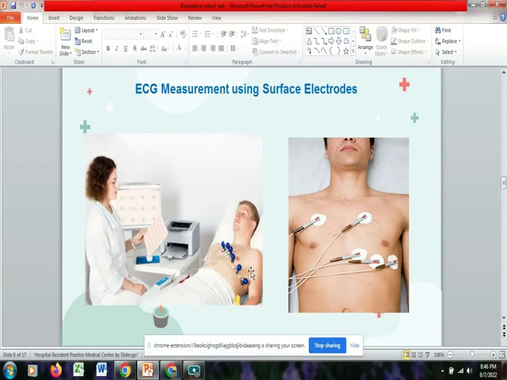This image shows the suction cup electrodes arranged in the ECG measurement system. The suction cup electrode is connected to the ECG recorder and printer, so it gives the electrocardiogram output as a printout for diagnosis.